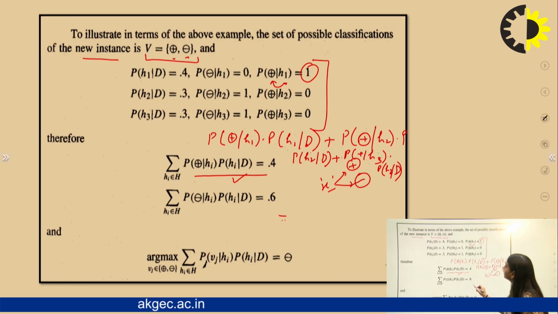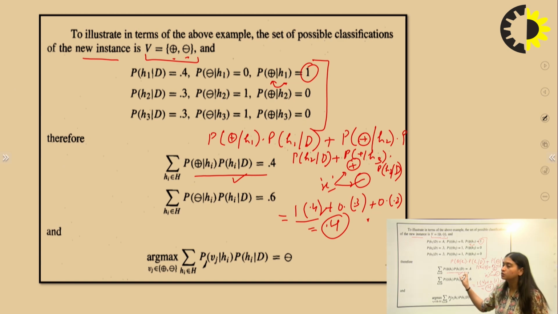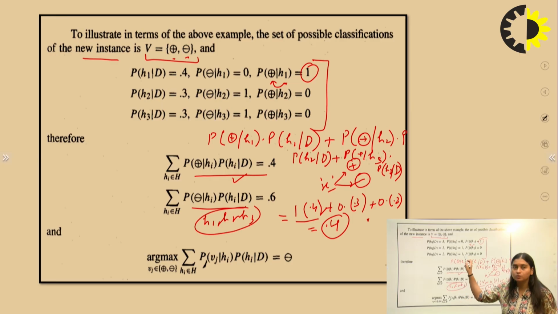Okay, so here we have the values: P(plus|H1) is 1, and P(H1|D) is 0.4. Similarly, 0.3 plus 0.3. On multiplication and addition, you get 0.4 as your answer. Similarly you expand this formula for the negative class, for H1, H2 and H3, put in the values given in the data set, and we get 0.6.